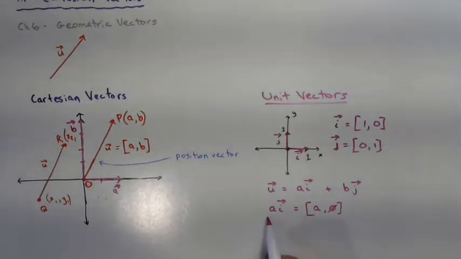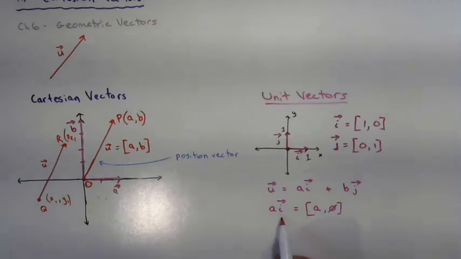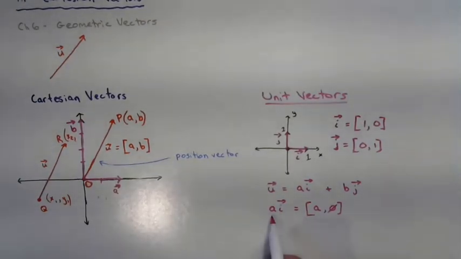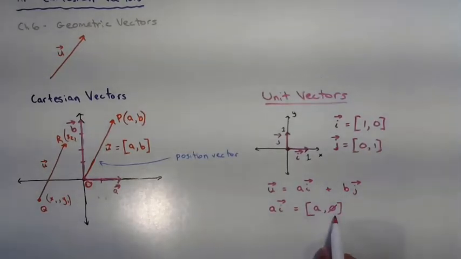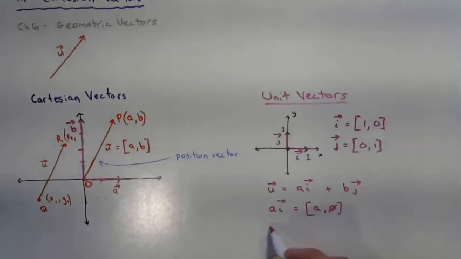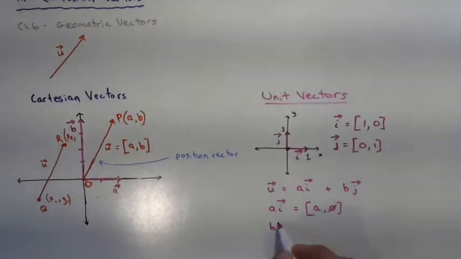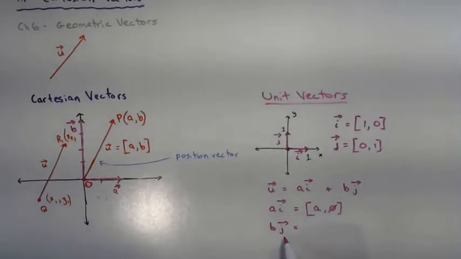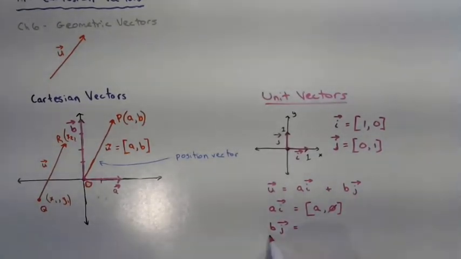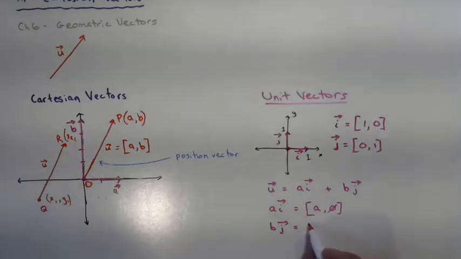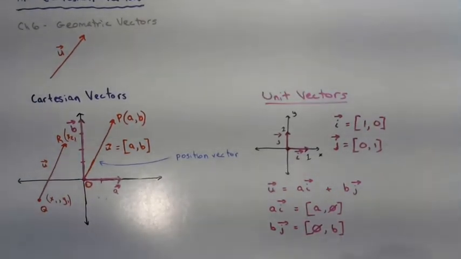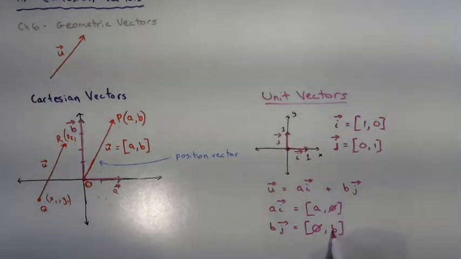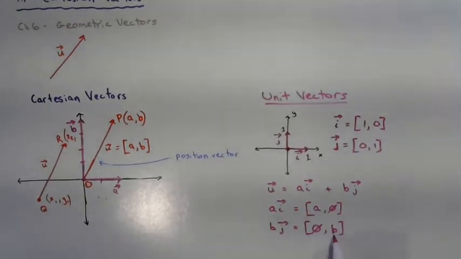So not just the magnitude is represented by A, but the vector itself is [A, 0]. And the same goes true for the vector BJ. The unit vector J is being multiplied by a scalar coefficient of B. That's going to give us the vector [0, B]. It's going to be a vertical vector with a magnitude of B.